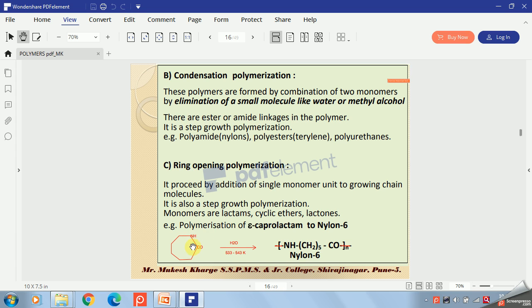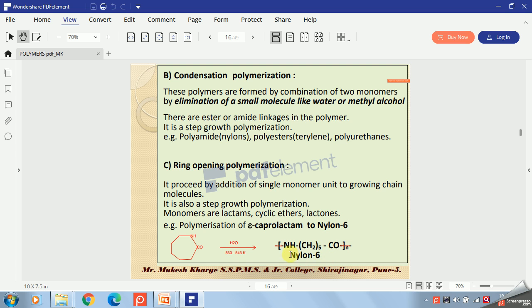When we break the bond between CO and NH by adding water at 533 to 543 Kelvin, the ring opens. That's why it is known as ring opening polymerization. The compound formed is -NH(CH2)5CO-, and if we take n molecules of this, we get nylon 6 as a polymer.